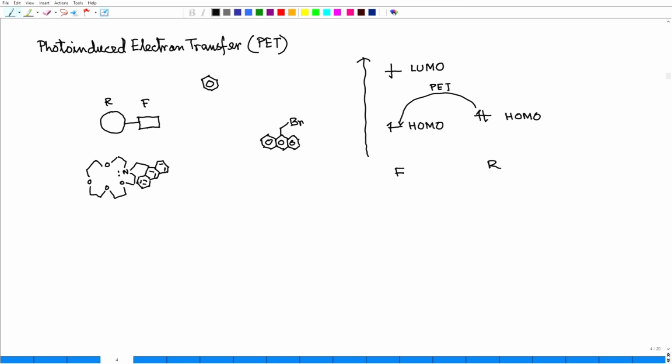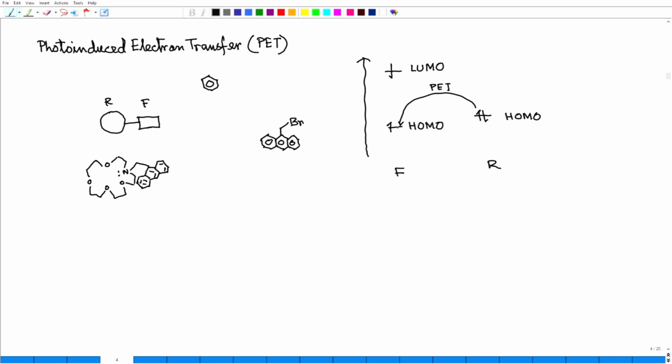I will tell you the situation again. I have this compound and now I excite it. When I excite this fluorophore, it gives me a singly occupied LUMO and HOMO, but it cannot remain singly occupied. So, from this HOMO of the receptor, that is a nitrogen lone pair, one of the lone pair electrons will be donated to the HOMO.